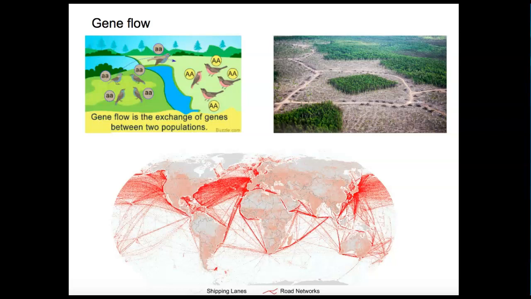You have plant and animal species that either intentionally or unintentionally sort of tag along with products and people that are shipped around the globe. And that is how we end up with invasive species, as well as a lot of mixing of the gene pools of humans as well as other animals on the planet.